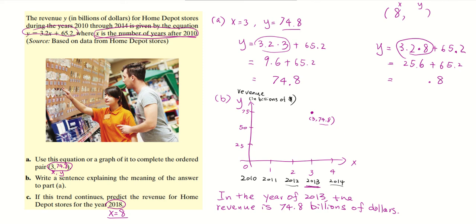So that gives 90.8. So 90.8 is the y value. That means the revenue for Home Depot stores for the year 2018 is $90.8 billion.